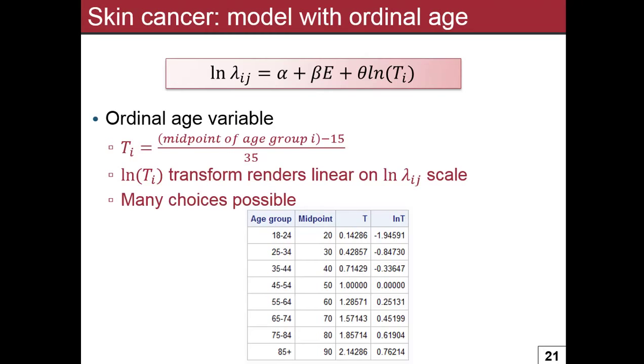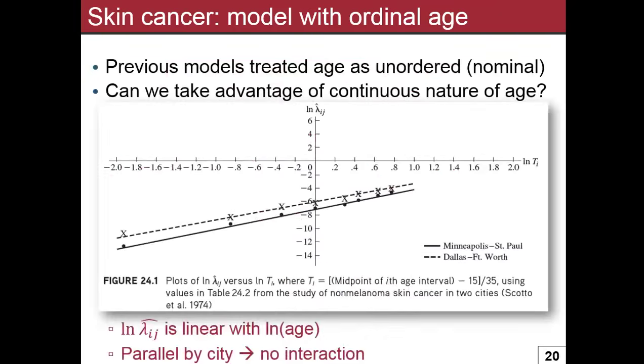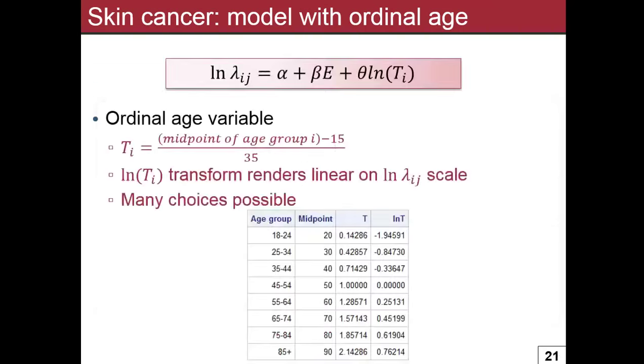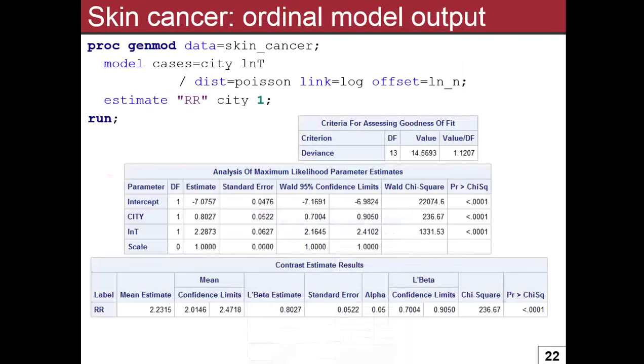When you fit this continuous term, you're actually imposing a structure, which we believe exists. There's this log linear relationship, where on the log scale it's linear, and so there's a structure that we're putting in place, but it lets us make statements like, for every X amount increase in age, the cancer rate will go up by this. It lets you actually talk about the age pattern in a single coherent way.